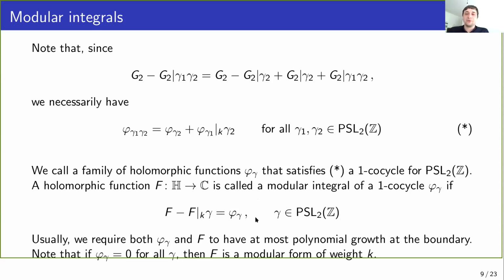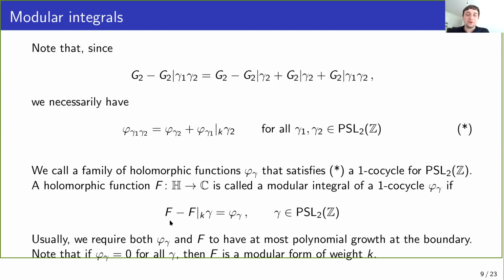But let's say we're given a one cocycle and we want to find a function f such that it solves it. In homological terms, it just says that the one cocycle is trivial and we want to find the pre-image of it under the coboundary map. Okay, and there are some requirements. If you want to have some nice theory, you have to require some properties of these functions.